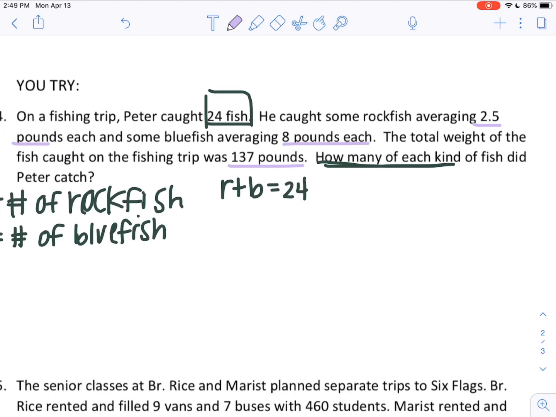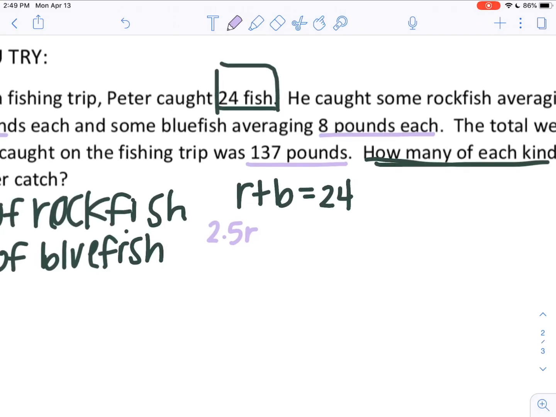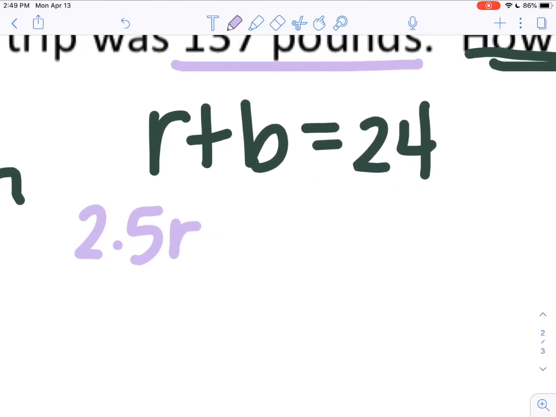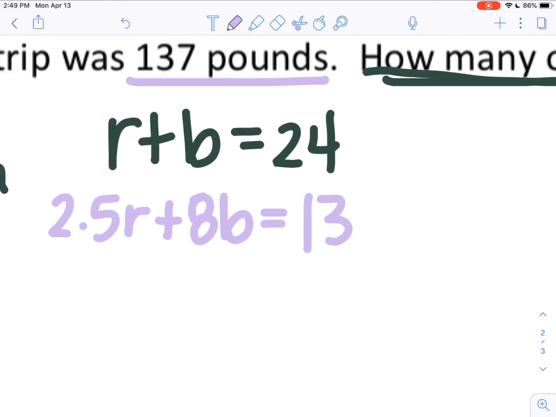Well, those are all going to create one whole equation for me. So 2.5 pounds per rockfish, so 2.5 R, and then it says 8 pounds per bluefish. So 8 pounds per bluefish, and that's going to give me the total amount of pounds, which I highlighted as 137.